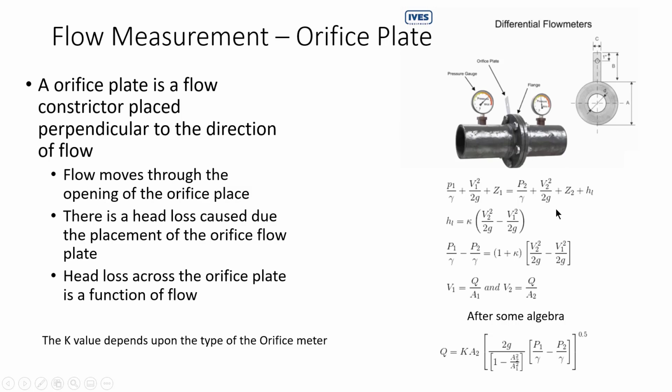So if we write our Bernoulli's equation again before and after, I have P1 over gamma plus V1 squared over 2g plus Z1, equals P2 over gamma plus V2 squared over 2g plus Z2 plus a head loss term. And that head loss we are assuming is proportional to the change in the velocity.